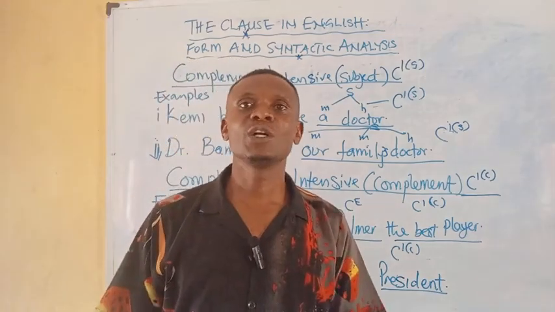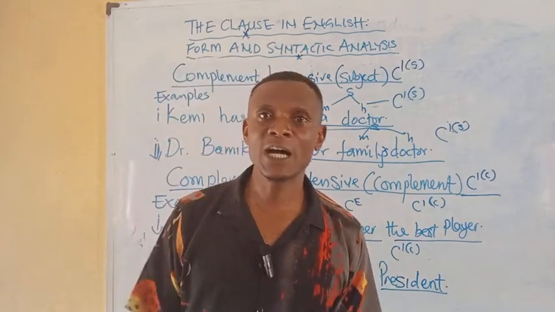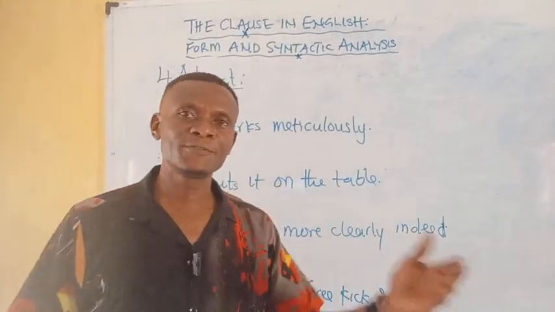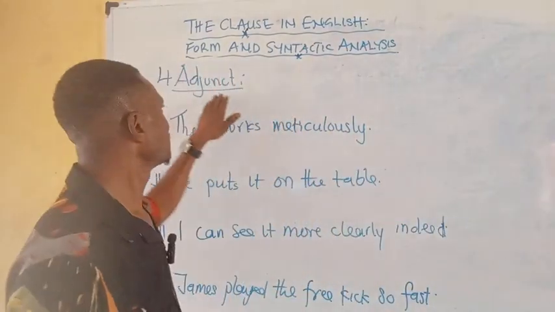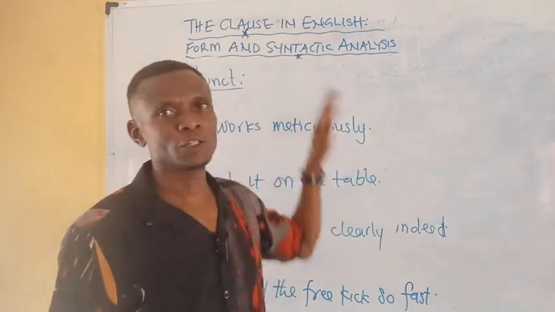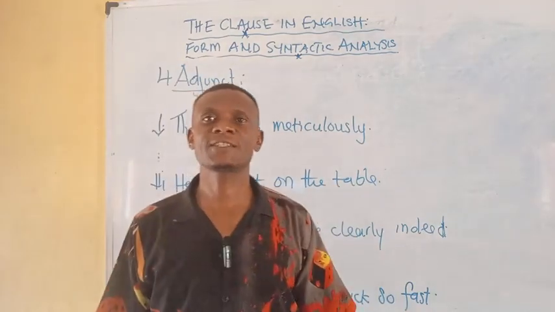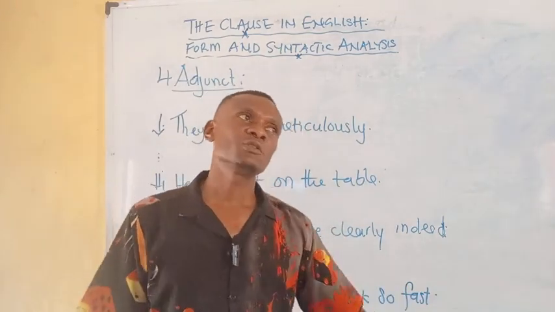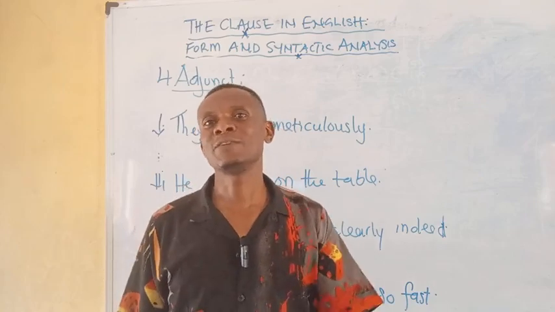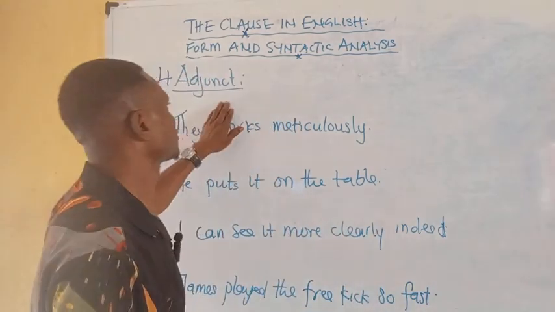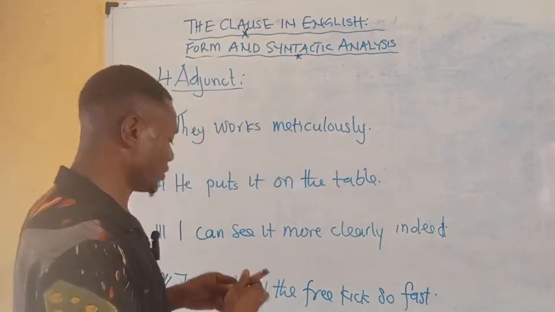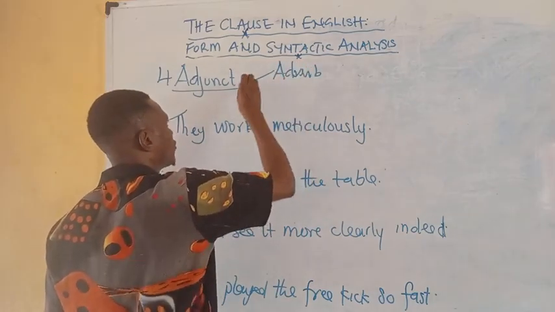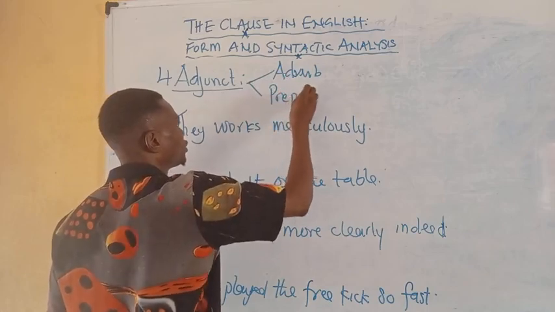Let's move to the last one, which is adverbial group. The coming together of adverb and preposition is simply referred to as adjuncts. That is, the group of adjuncts is referred to as adverbial group, either adverbial group, adverbial phrase or adverbial clause. So adjuncts have to do with either adverb or preposition.